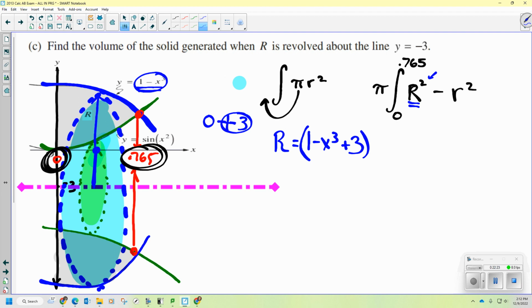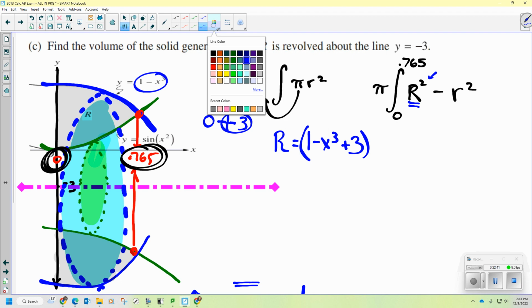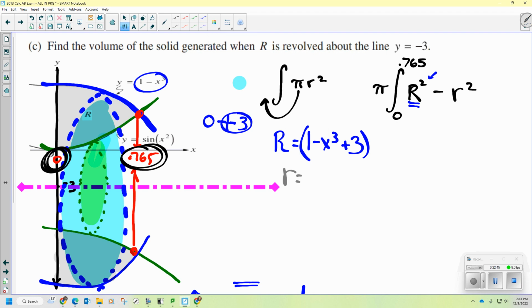Now let's look at the green radius. The same deal is going to apply. My radius, I'll do this in a dark gray. So my smaller radius, normally my radius goes from here to here. I hope you can see that.